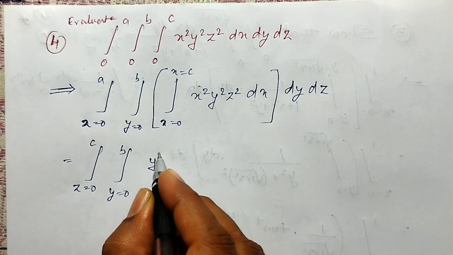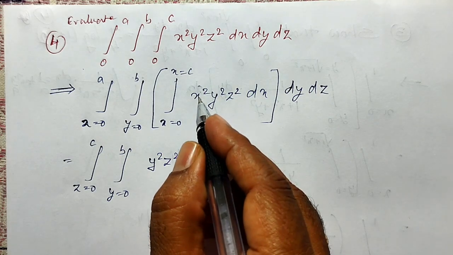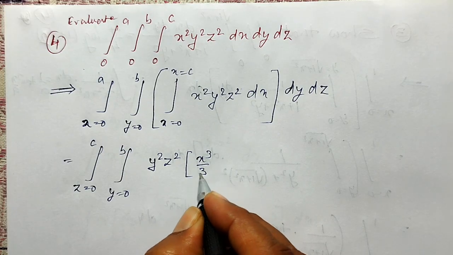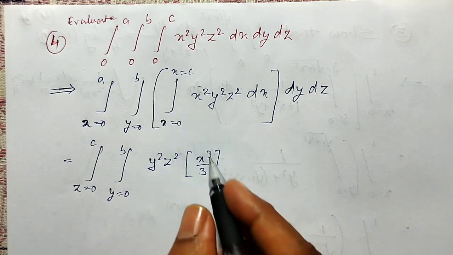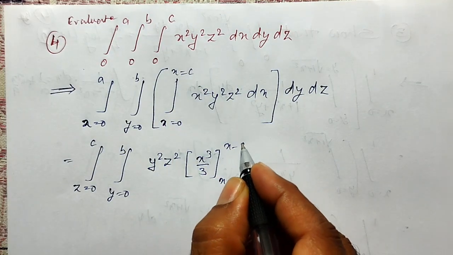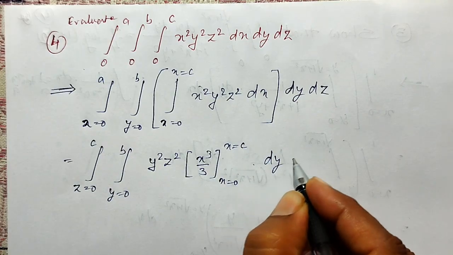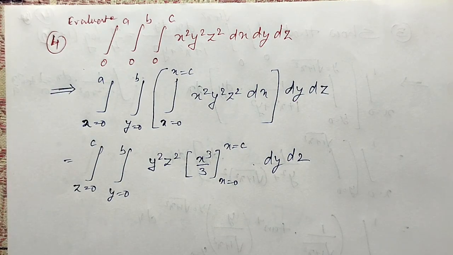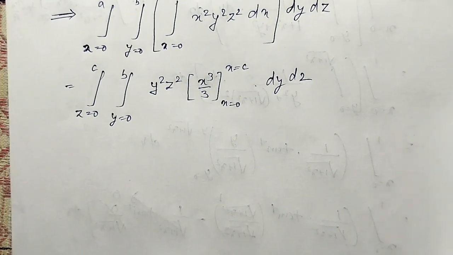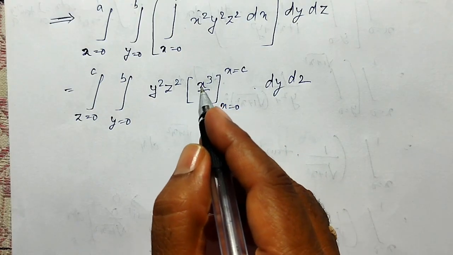Therefore I will write y square z square as it is, and the integration of x square with respect to x is x cube divided by 3 between the limits x equal to 0 to x equal to c. dy dz carry as they are, because I am going to integrate next with respect to y. Before that I will substitute the upper limit minus lower limit for this x.